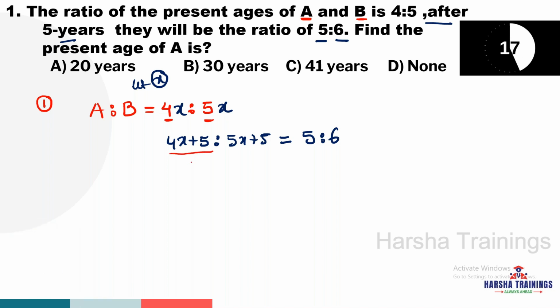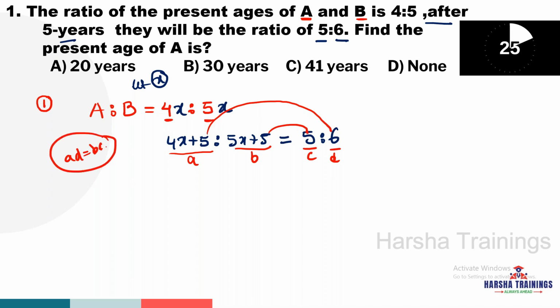Look at the screen: 4x plus 5 looks like A, 5x plus 5 is B, and C and D are 5 and 6. It looks like a proportion. What is the proportion formation? AD is equal to BC. So 6 into 4x plus 5 is equal to 5 into 5x plus 5.